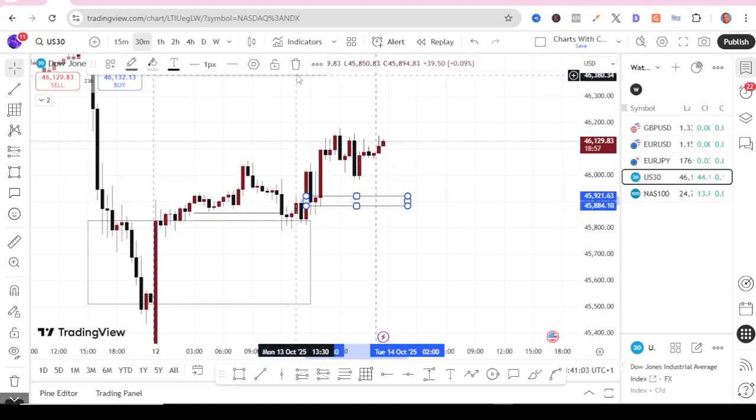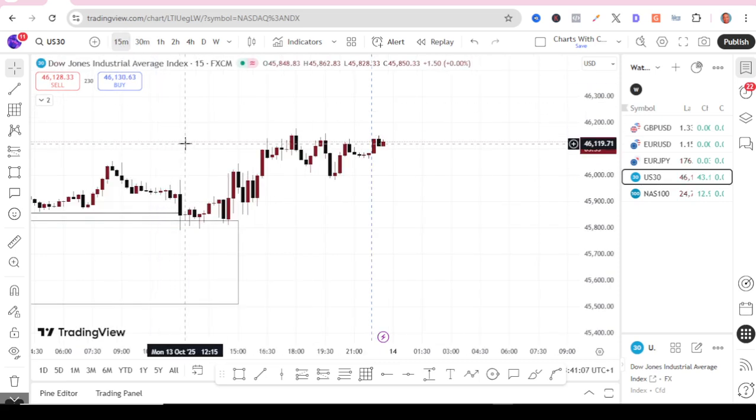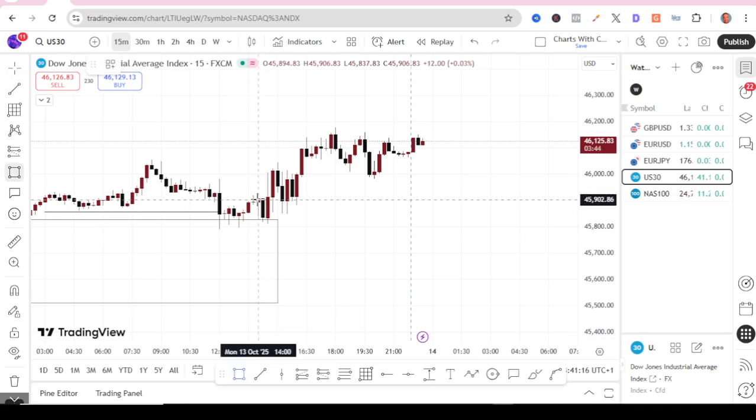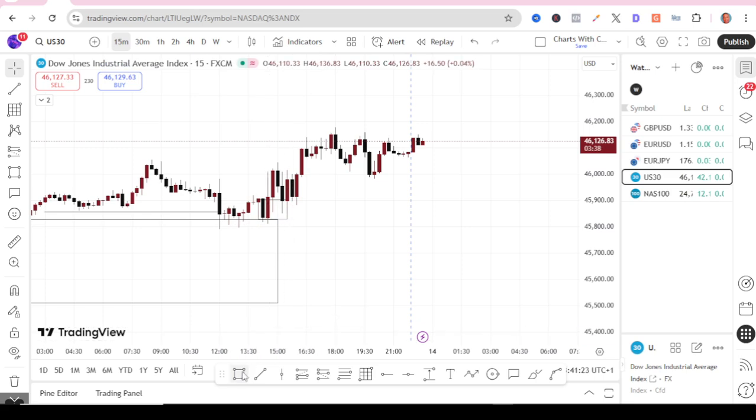Let me go to the 15 minutes. Everything has been mitigated. I had this mitigation here. I think the only zone price might trade into now is here.